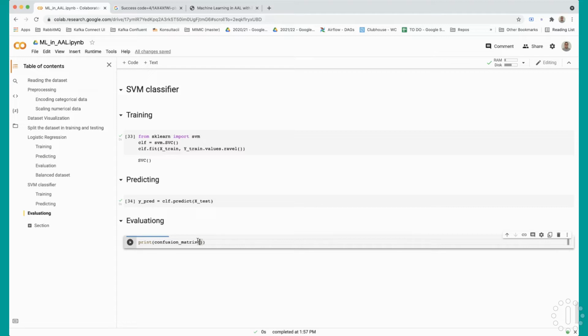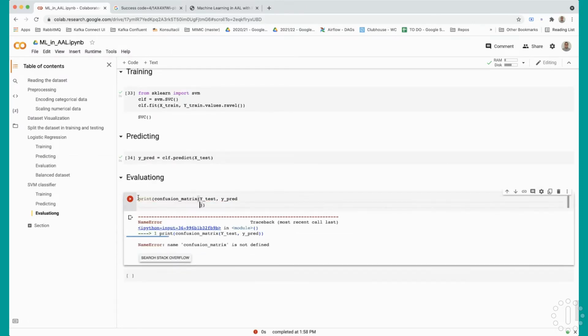So the confusion matrix of y test and y predicted.